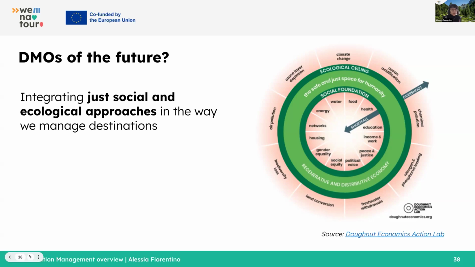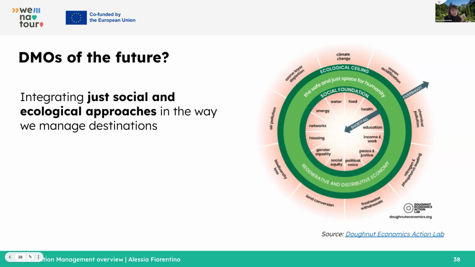Just to explain this graph a bit for those who are not familiar with it, the framework is made to rethink the economy, balancing the human needs, which is what you see in the inner circle, with the environmental, the ecological ceiling, which we should not cross. So we should not cross the ecological ceiling, but we should also not go below the social circle.